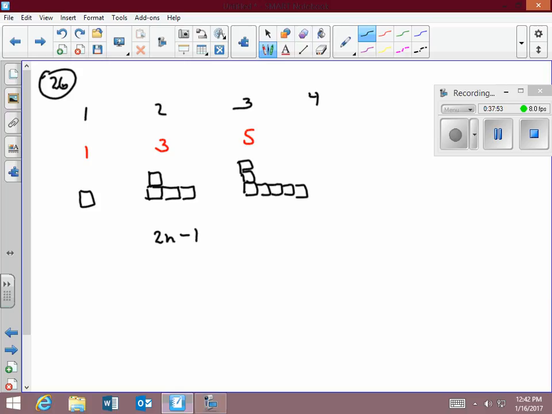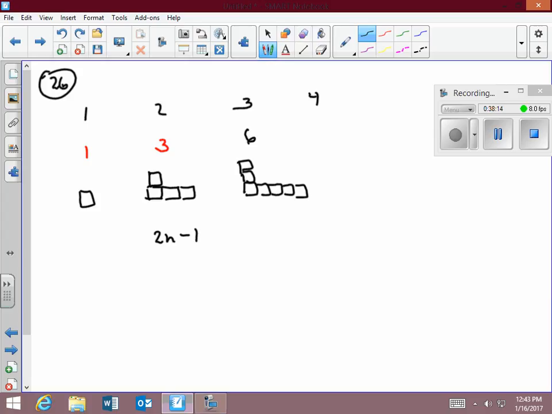How does that make this not right? Or this number's not right. Because they've added 3, so this has got to be 6.